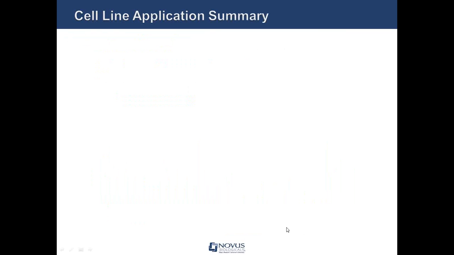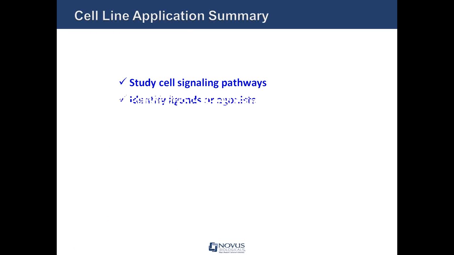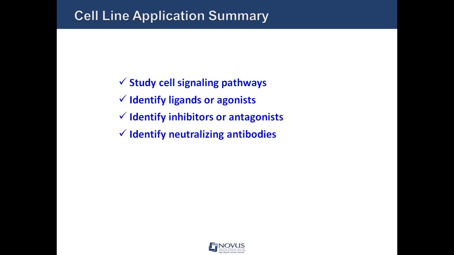If I summarize, you can use our cell lines for studying cell signal transduction pathways. You can identify ligands or agonists. You can identify inhibitors or antagonists. You can identify neutralizing antibodies.